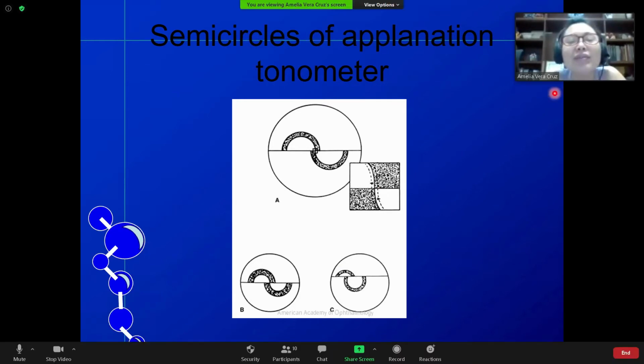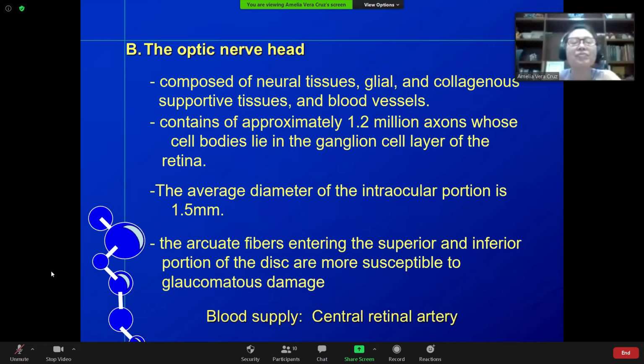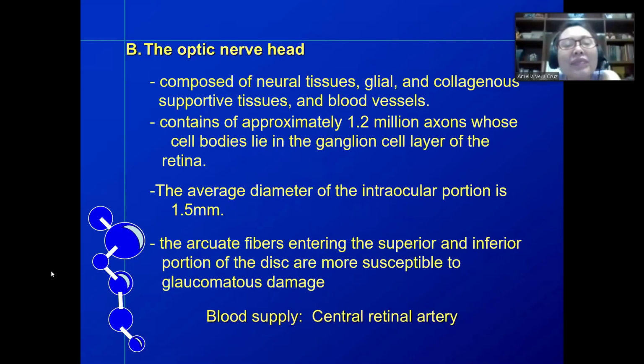So, this is your optic nerve, okay? Your optic nerve is composed of neural tissues, glial and collagenous supporting tissues, and blood vessels. It contains approximately 1.2 to 1.5 million axons.